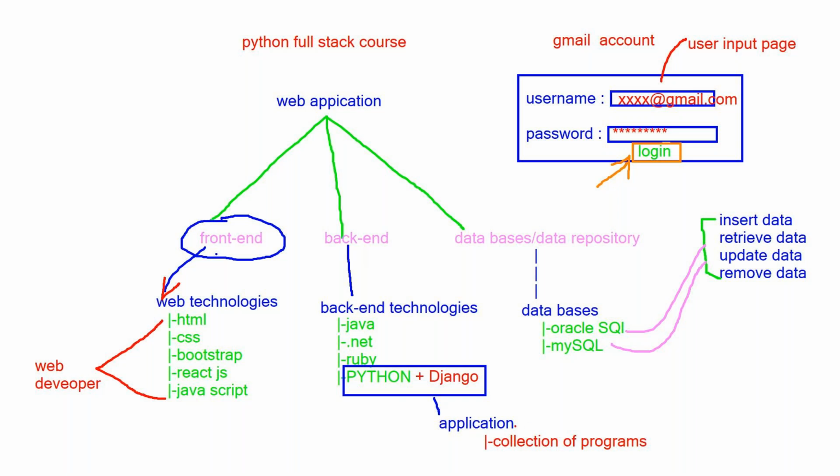For every program there would be one input page in the front end. For each input page there will be one corresponding Python program in the background. How will they be connected? In a server environment they will be connected. Do you teach that? Yes, we will teach it. That's what you are going to learn with me as part of this Python full stack course.